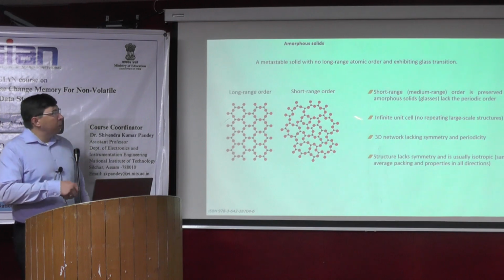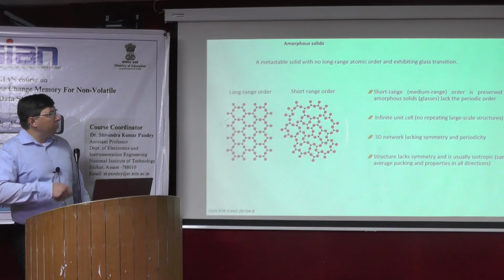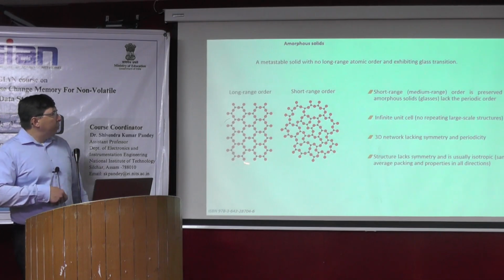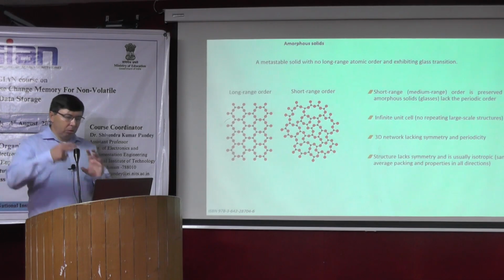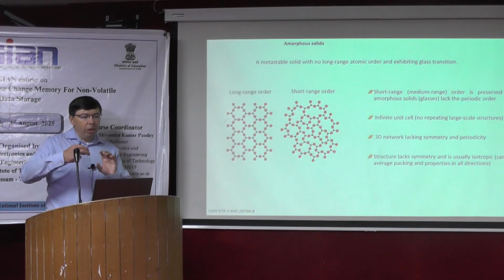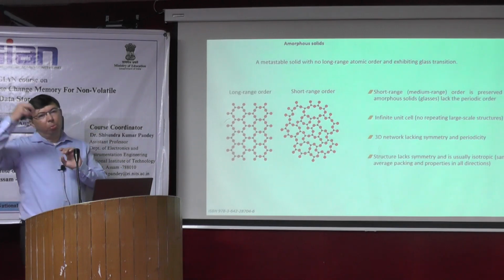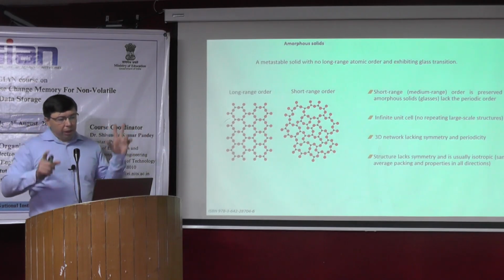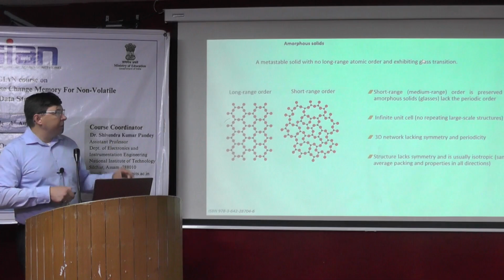So short or medium-range order is preserved in amorphous solids, but they lack periodic order. So you should have not only a long-range order, but it should also be periodic in space, in let's say 3D, so they make a 3D structure.